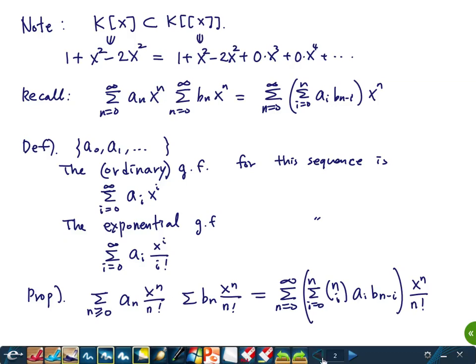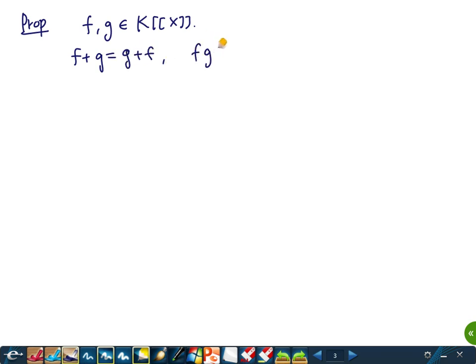Okay. So far, easy. And we have many simple properties, like for f, g in formal power series, we have this property: f plus g equals g plus f, f times g equals g times f, and you have one more, f times (g plus h) is equal to fg plus fh, things like that.